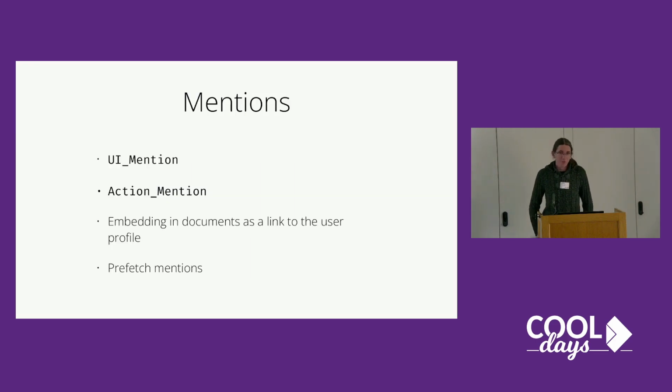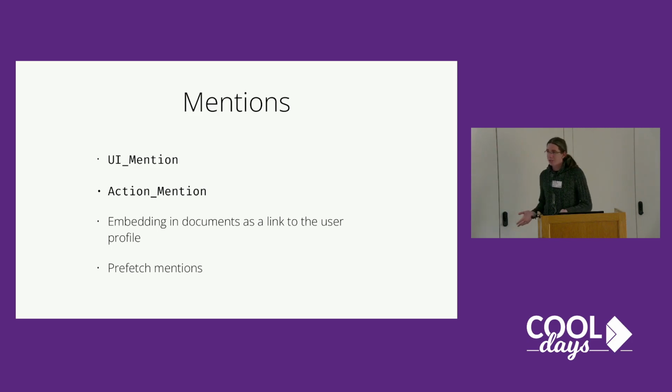Mentions is also a new feature that we worked on together with Collabora recently. You can mention people in your documents, and they will then get a notification about that. For that, there are two post messages relevant. The UI mention is something that Collabora emits in order to list the users that should be offered in the user interface.